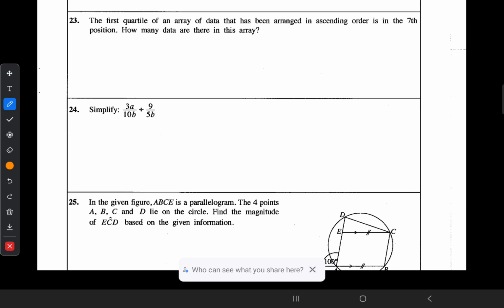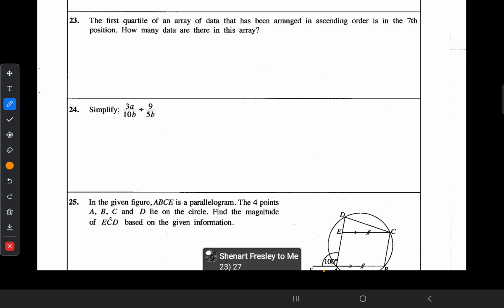The first quartile of an array of data arranged in ascending order is in the 7th position. How many data are there in the array?